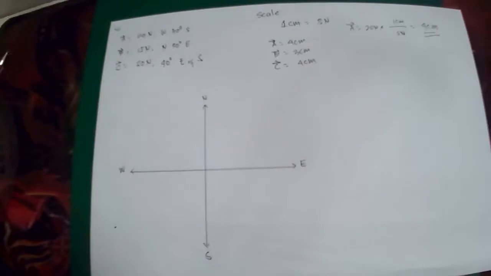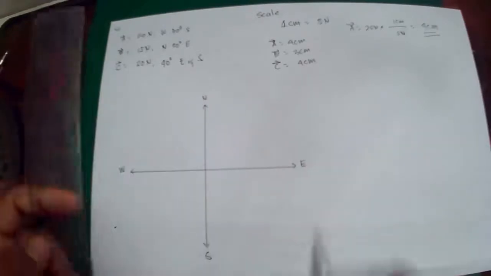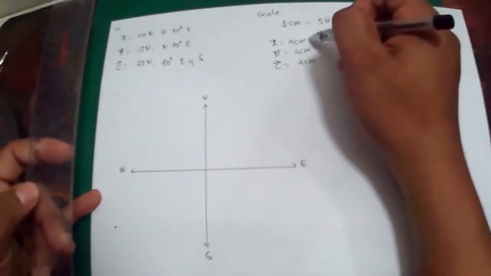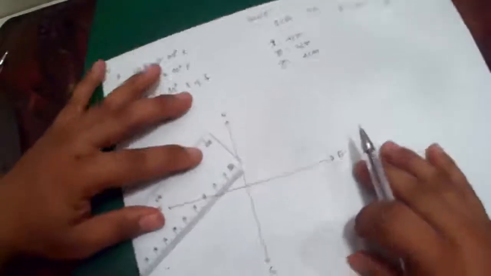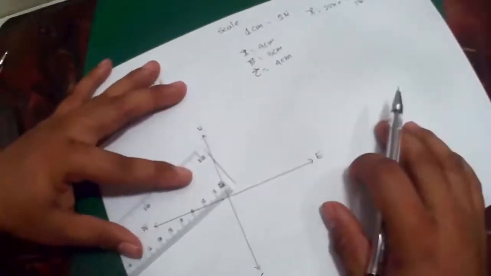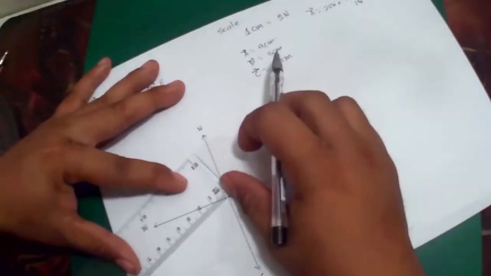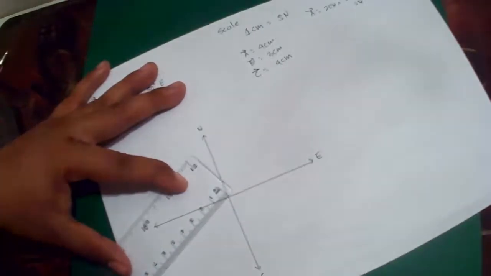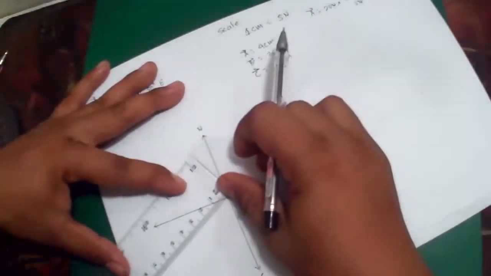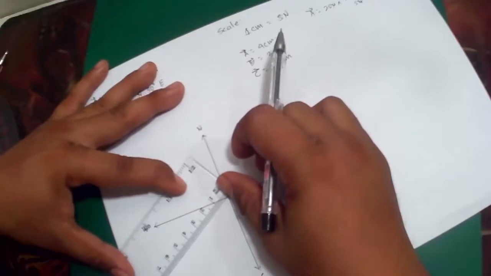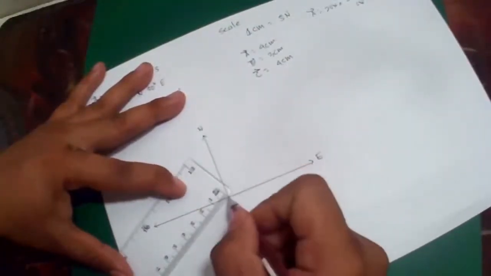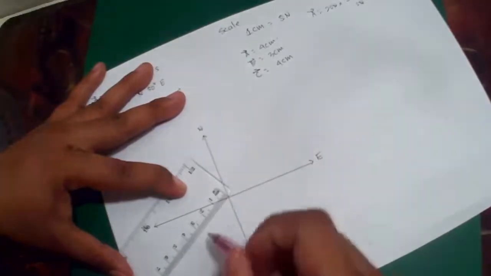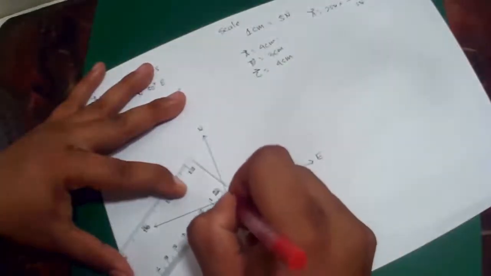And get your ruler and plot the exact value of 4 centimeters in your ruler. So we will start from the origin, point of origin, there, and level the tip of your ruler there, and from this point, this is 4 centimeters.